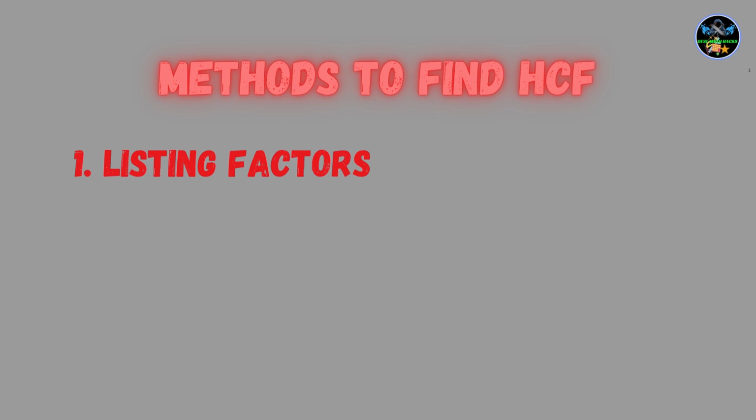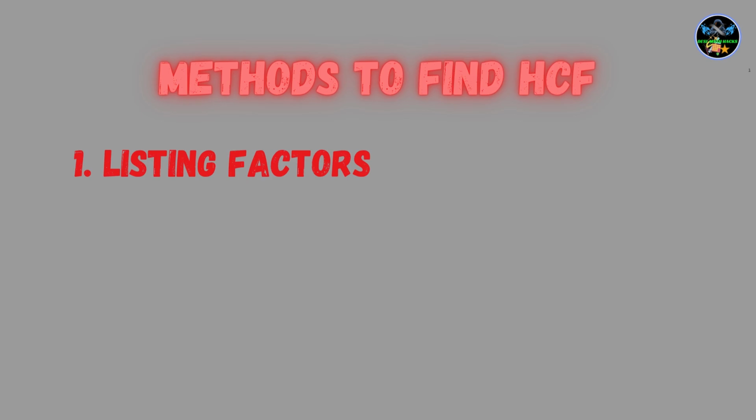In this method, we write all the factors of both numbers separately, and then we mark all the common factors, and the biggest factor is our HCF. This is used for small numbers like 12 and 16. Firstly, we will write the factors of both separately.